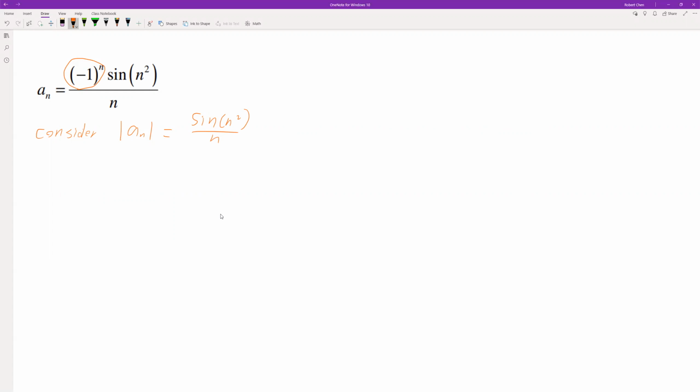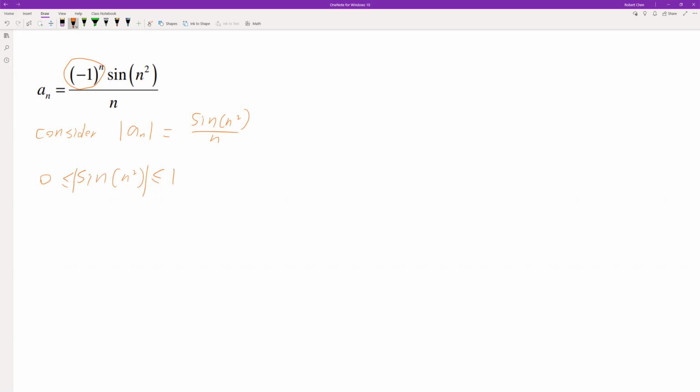So what we're going to do is we know that sine of n squared, any sine function, can only be between -1 and 1, because the graph of sine oscillates between -1 and 1. In this case, it's going to be 0 and 1 because we're looking at the absolute value of it.